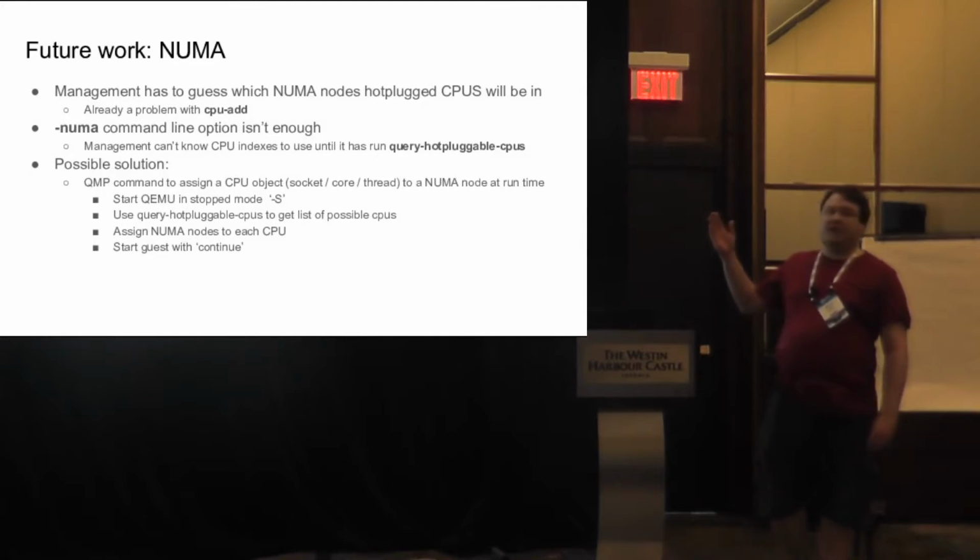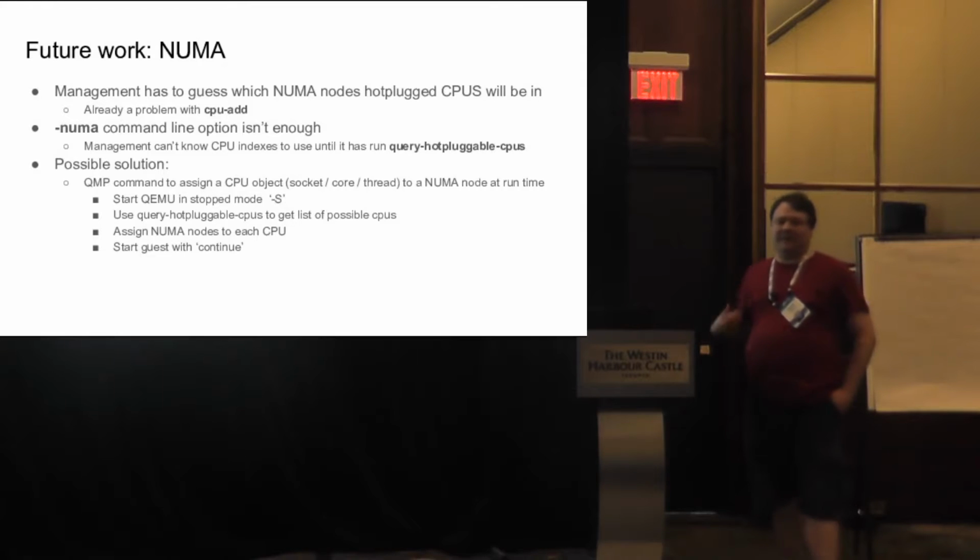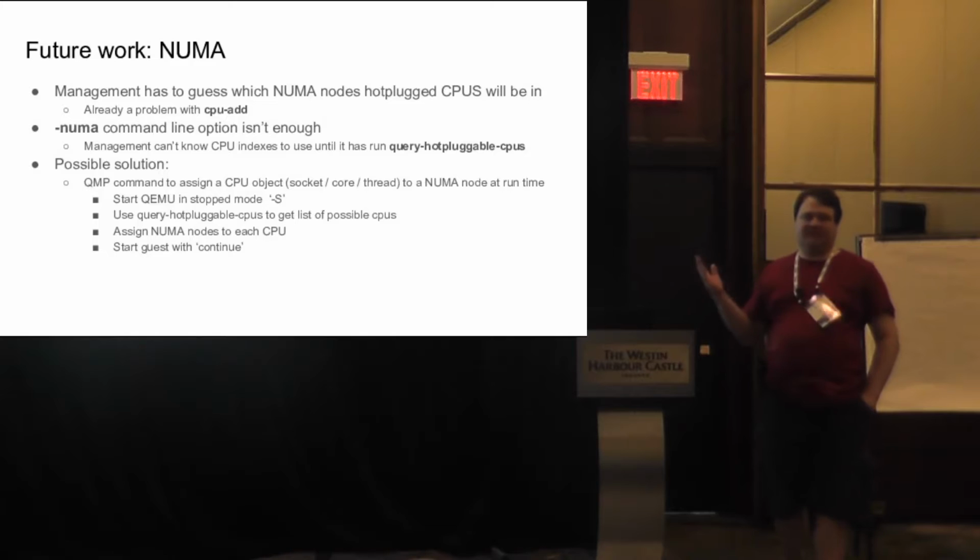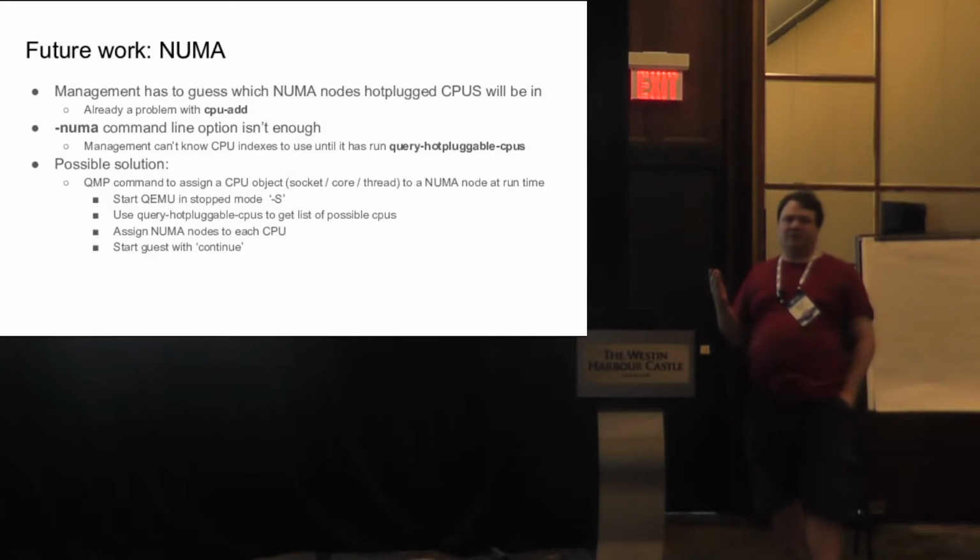The NUMA command line, in fact the entire interface, is kind of broken because it's essentially by CPU index, but CPU index isn't really supposed to be something that's exposed outside QEMU. It's supposed to be just an internal ID.